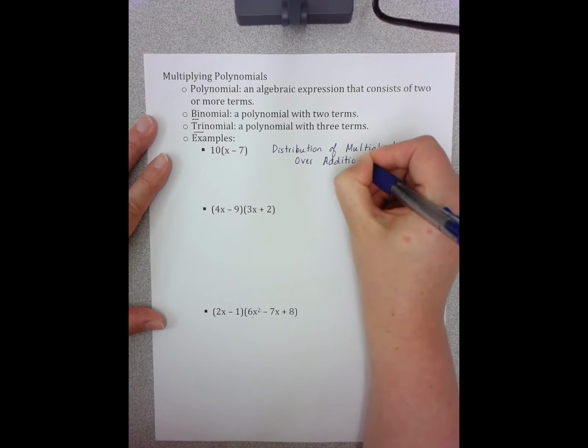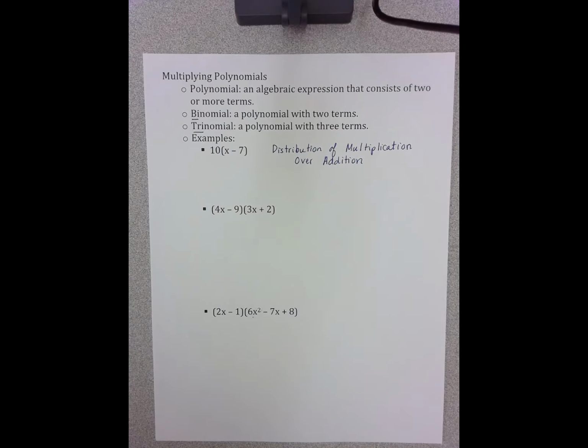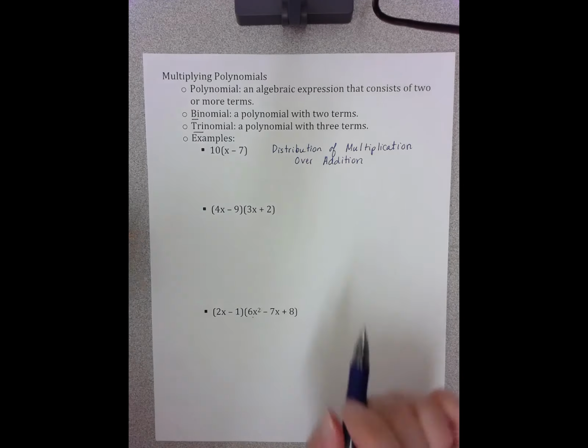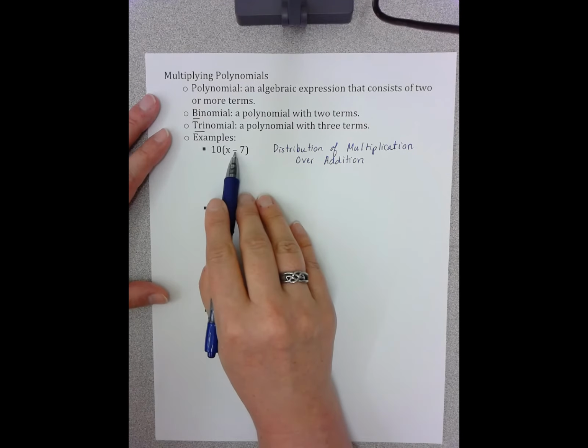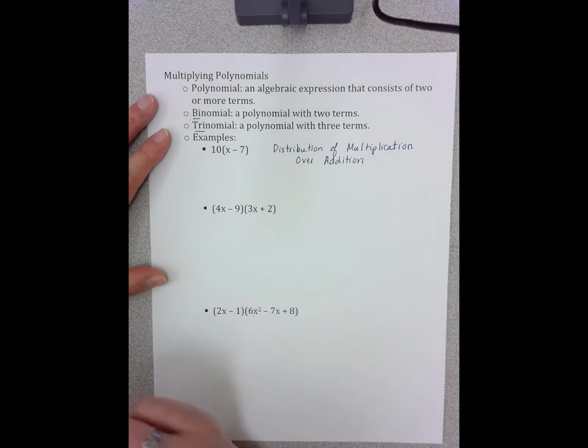And this is really important so that later on you don't make mistakes when you're just multiplying various 3, 4, or 5 things in a row. In order to use distribution, you have to have one of the pieces be addition or subtraction. That's the over addition.